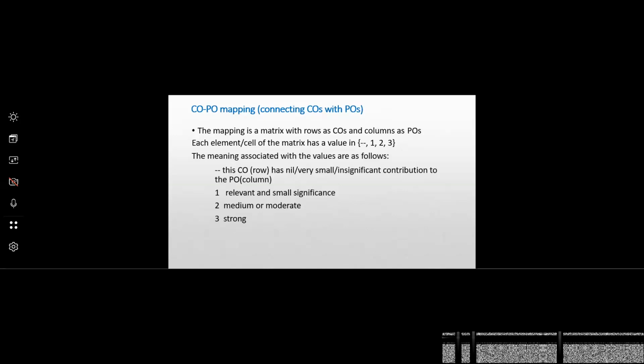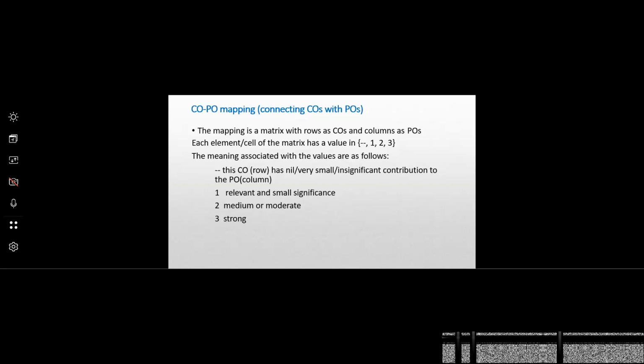On the slide, you can see CO-PO mapping can be done in a matrix of 1, 2, 3. There are also dashes given, meaning that CO row has very low significance or contribution to the PO column. 1 is small significance, 2 is medium significance, and 3 is strong significance.